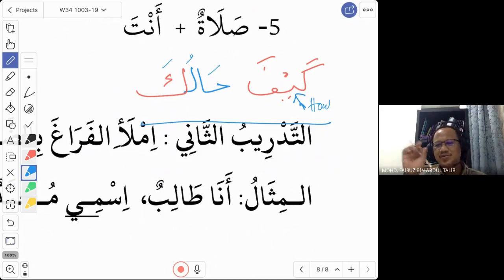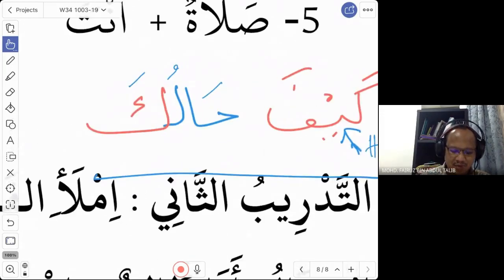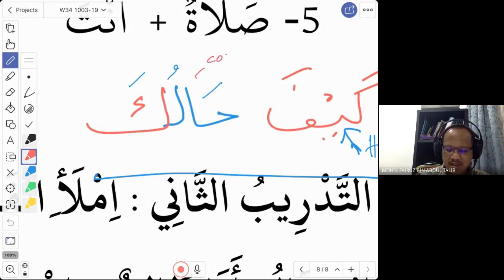It is not referring to the individual words inside that sentence. So this is the word hal. The word hal actually means condition.